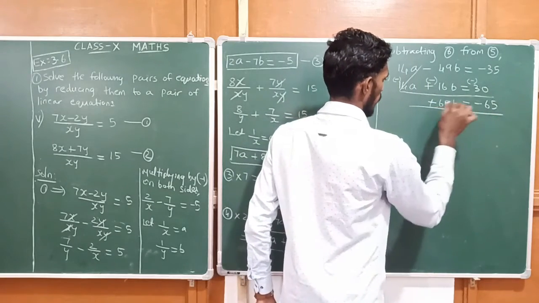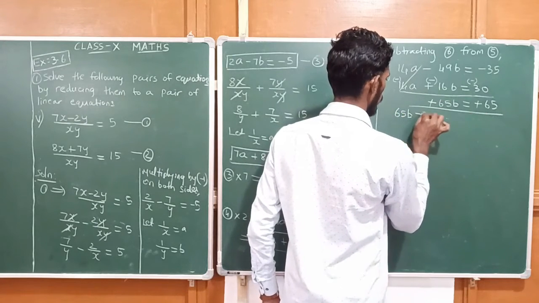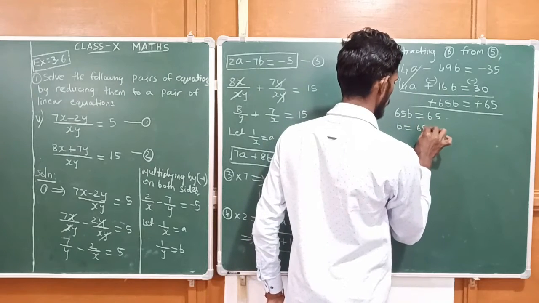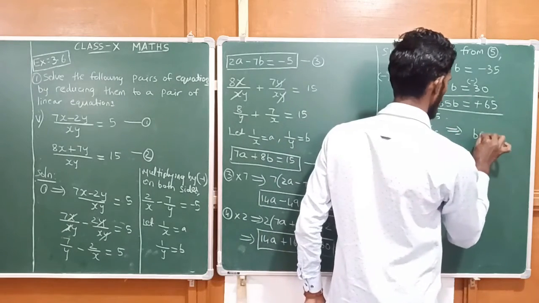So this minus sign can be cancelled. 65b is equal to 65, then b is equal to 65 divided by 65, which gives the value of b to be 1.